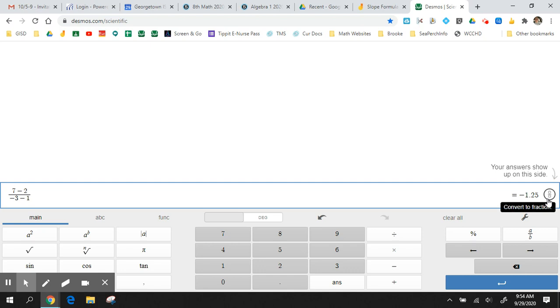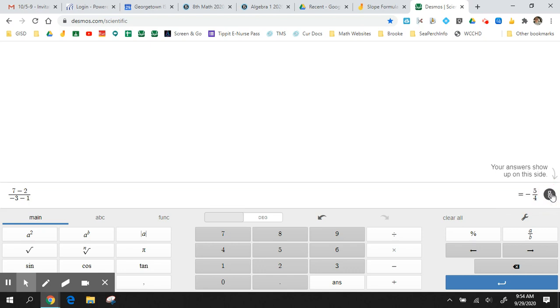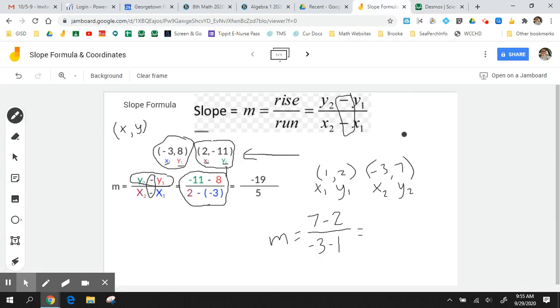I do want it in a fraction, because slope is easier to do on a graph or in an equation with a fraction. So I'm going to come back here and write -5/4 as my answer. All right, so this is basically what we're doing today: if given two coordinates, we plug into the formula.